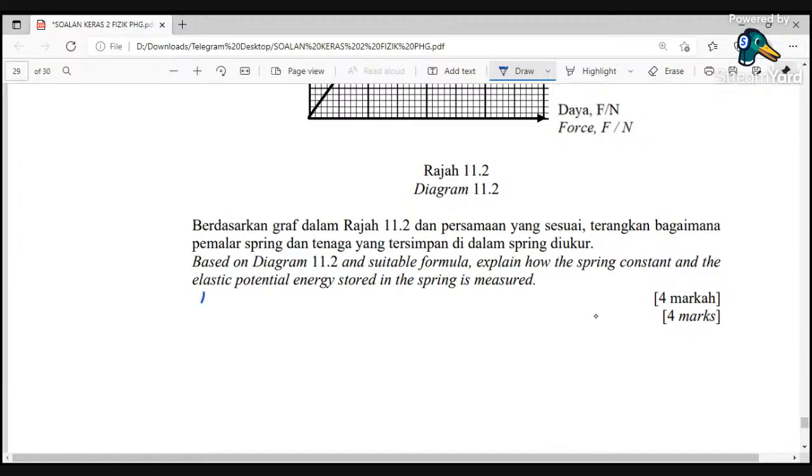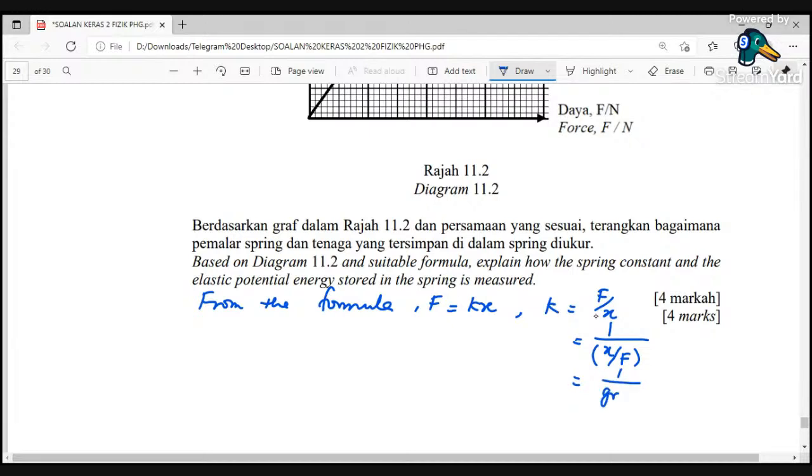Okay, from the formula F equals to Kx, K is equals to F over X, which is equals to 1 divided by X over F, or we call it 1 over gradient of the curve.